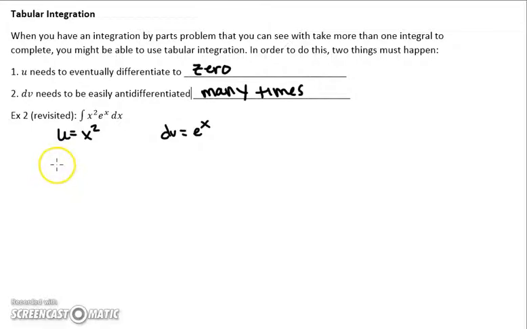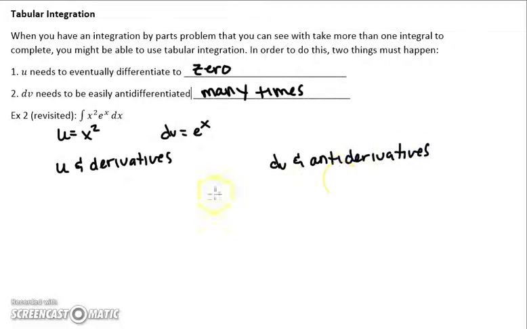The first column we want to be u and derivatives. And the second column we want to be dv and antiderivatives. So we start out with u being x squared and dv being e to the x.